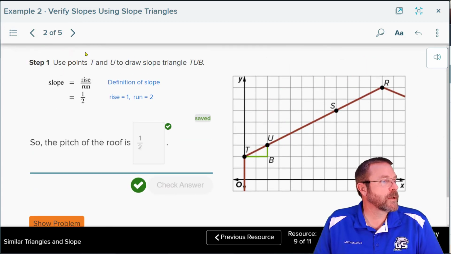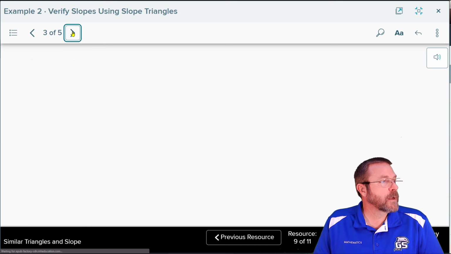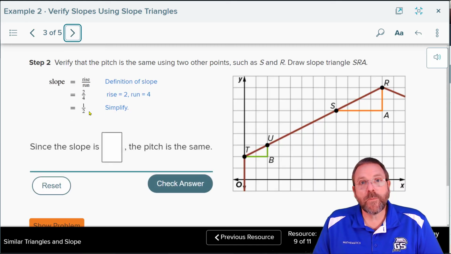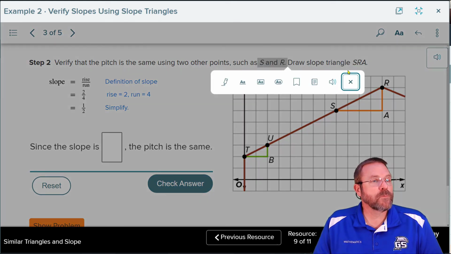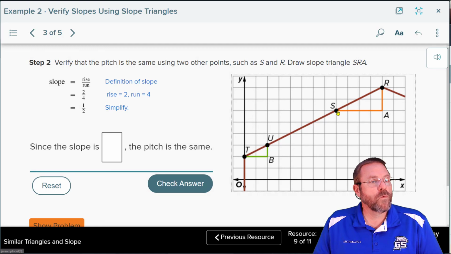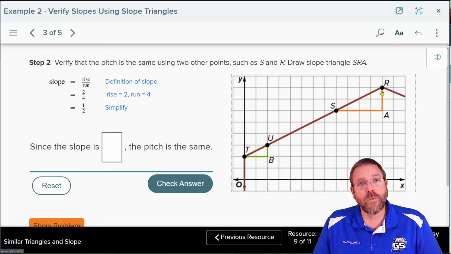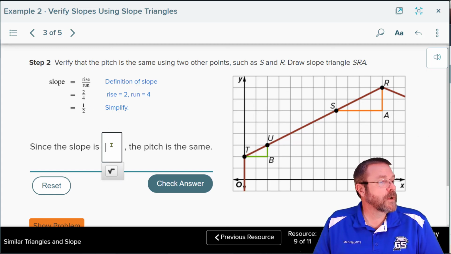Now we're going to pick another pair of points to verify we have the same slope. For that one, they're using points S and R, which is this one right here. It has a run of 1, 2, 3, 4, and a rise of 1, 2. So 2 over 4 simplifies to be 1/2.